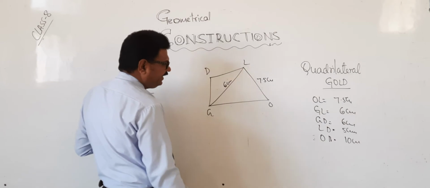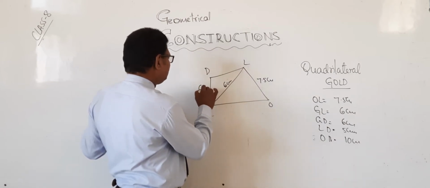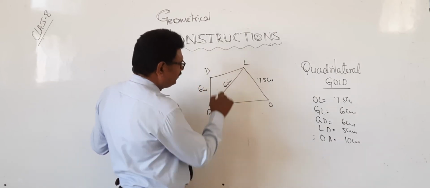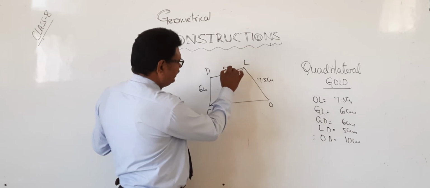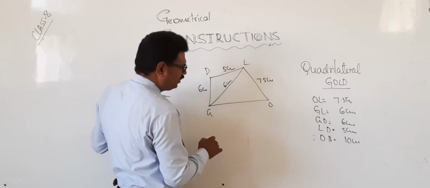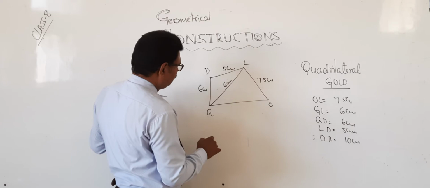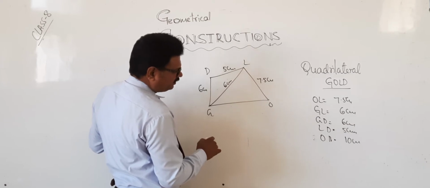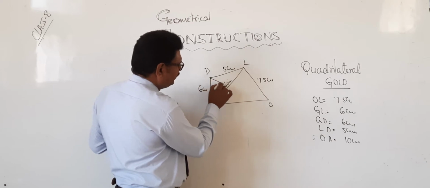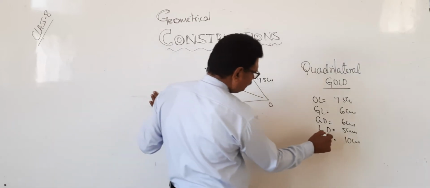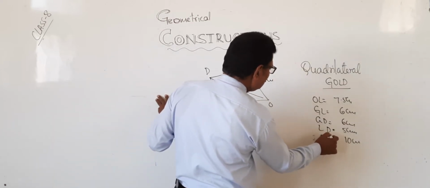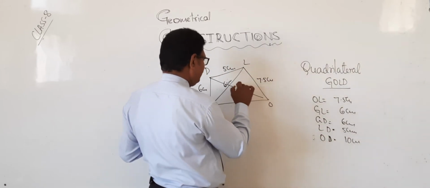Next GD, 6 centimeters. LD, 5 centimeters. Now OD is 10 centimeters.